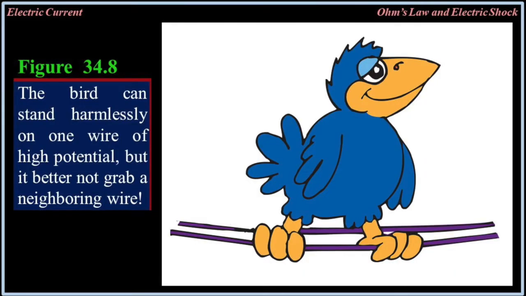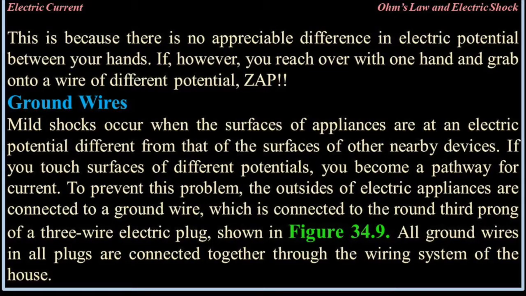In figure 34.8, the bird can stand harmlessly on one wire of high potential, but it better not grab the neighboring wire. This is because there is no appreciable difference in electric potential between your hands. If, however, you reach over with one hand and grab onto a wire of different potential, zap.